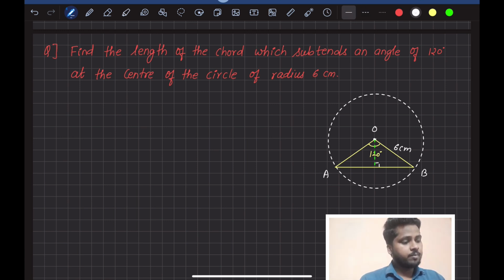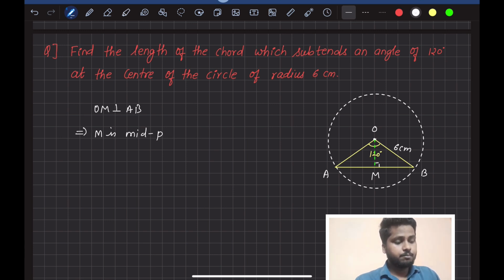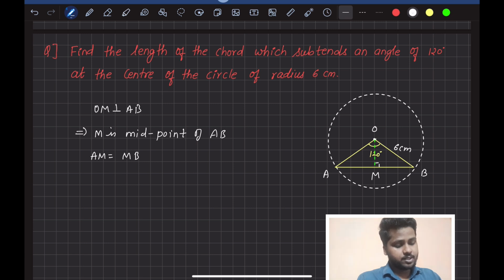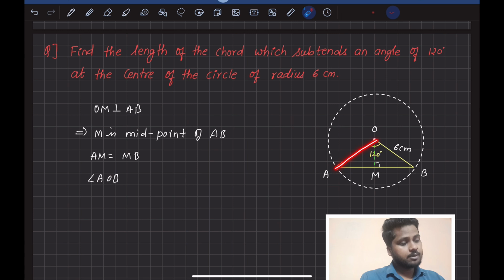If I draw OM, and OM is perpendicular to AB, then OM will bisect the chord. It means M is the midpoint of AB. Understanding? So AM equals MB, and one more thing will happen here. This angle AOB, see the angle AOB, which angle? This angle. It will be bisected by the perpendicular.